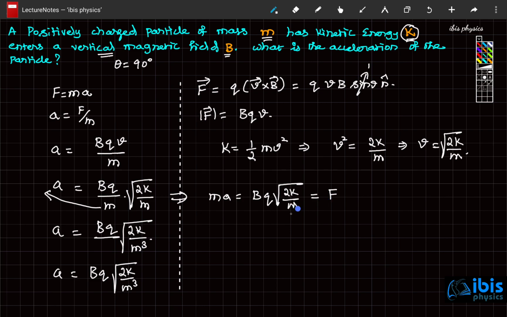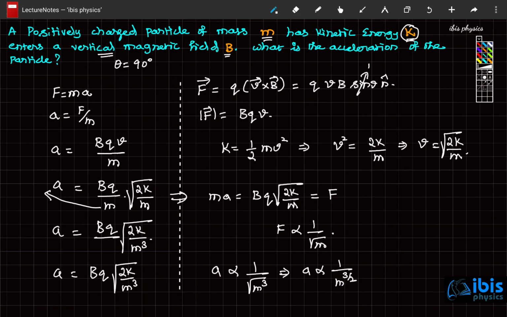Based on this relation, force is inversely proportional to the square root of the mass, if you know the kinetic energy. Then acceleration here is proportional to 1 by square root of m cube, or in other words, a is inversely proportional to m power 3 by 2.